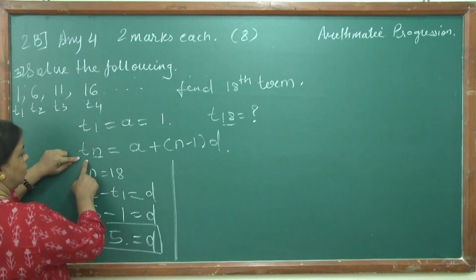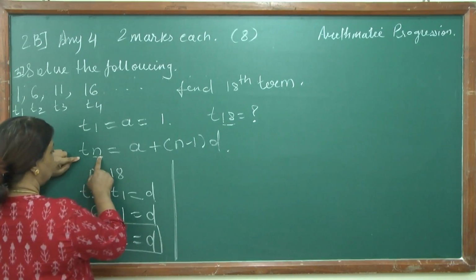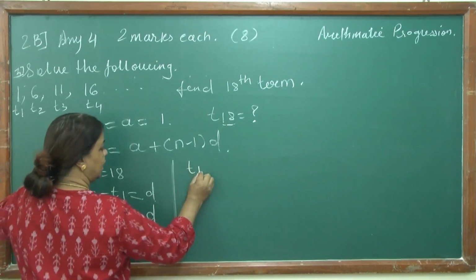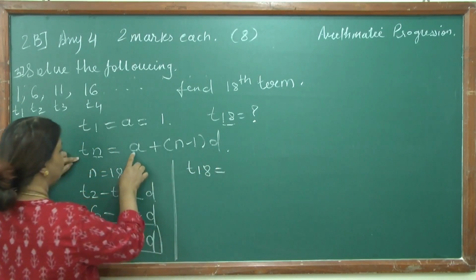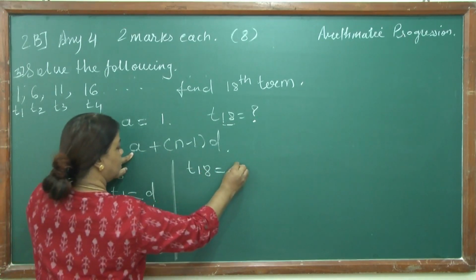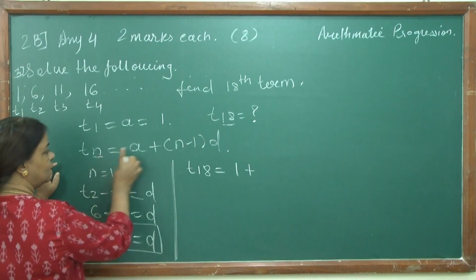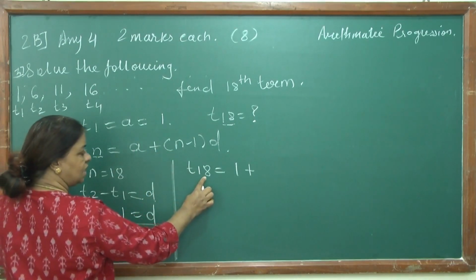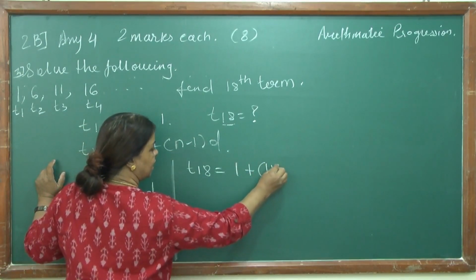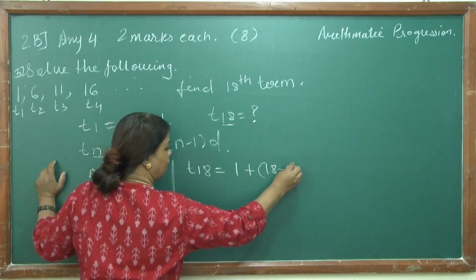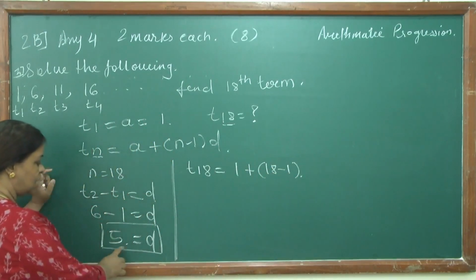Children, we need to find out T18. Instead of Tn, I will write T18, which is equal to A is 1, then plus n minus 1 into D. If here it is n, here it is n. If here it is 18, here it will be 18 minus 1 into D. D is 5.